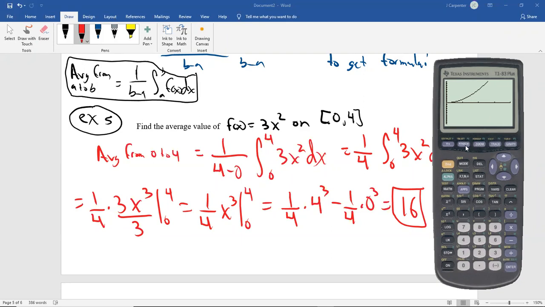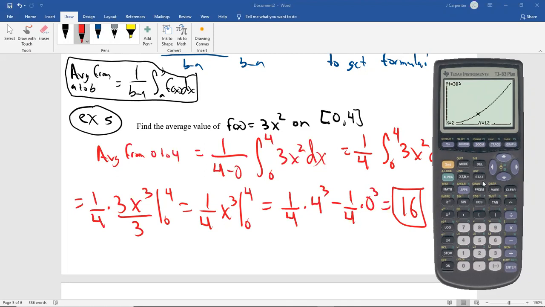Let's go from 0 to, if you actually plug in 4, 4 squared is 16. 16 times 3 is 48. Let's just make it 50 to be safe. I don't know why I made the y minimum that, but I said I was going to make it 0. Oh, I tried to type 0 and it didn't overwrite it. There we go.